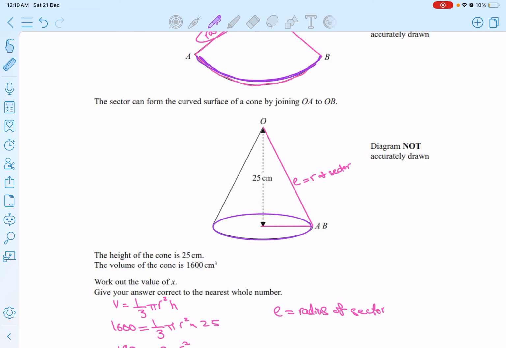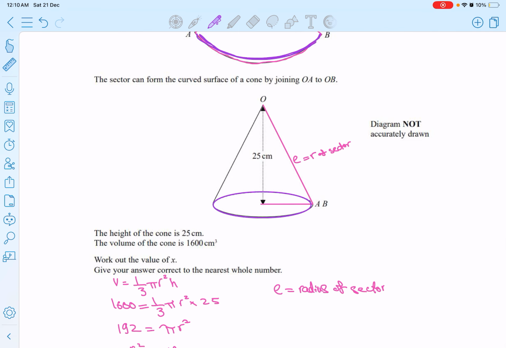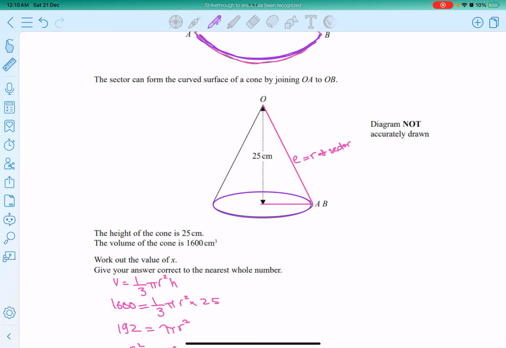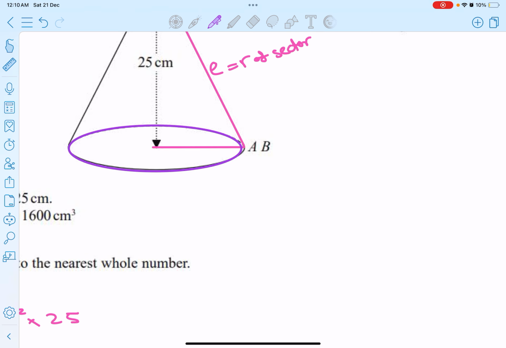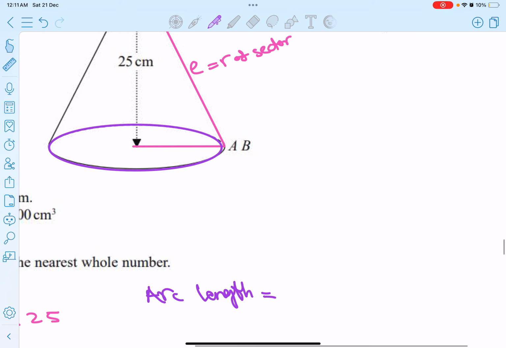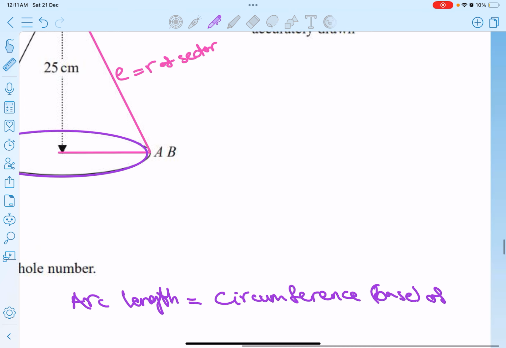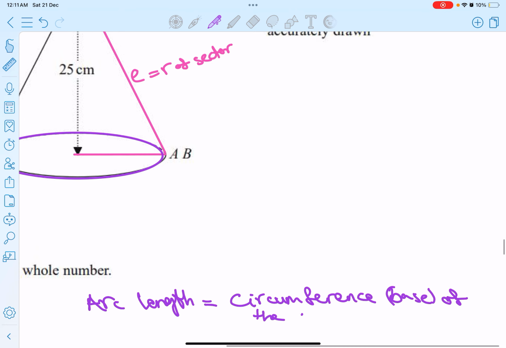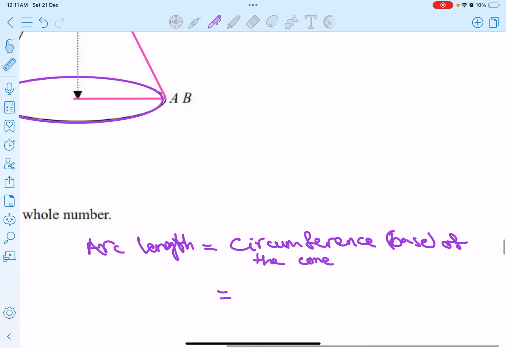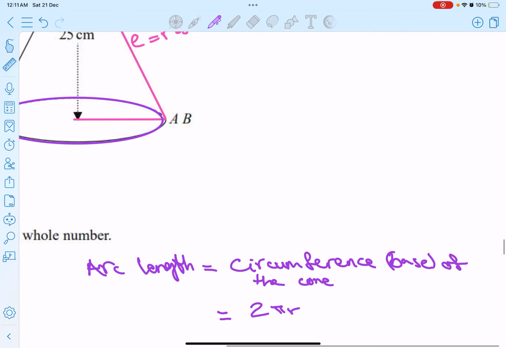So to find the arc length, you need to find the circumference of this circle, which is the circumference or base of the cone. So it's going to equal 2 pi r.